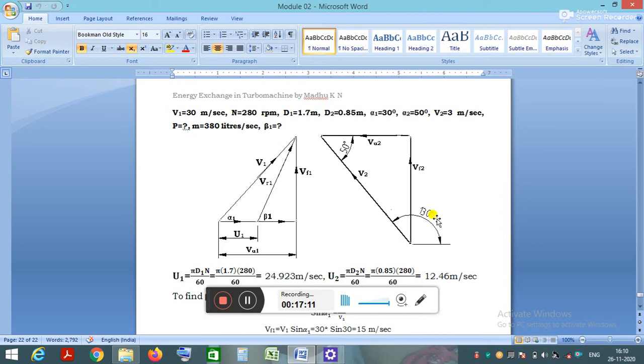Here the 130 degree to the wheel tangent means alpha 2 is 180 minus 130, because 130 is the angle made by the jet or the water with respect to the tangent at the inner periphery of the wheel. That means it discharges at an angle of 50 degree.